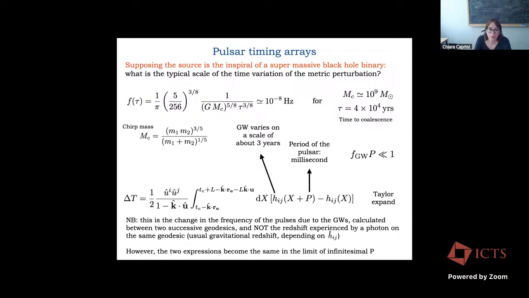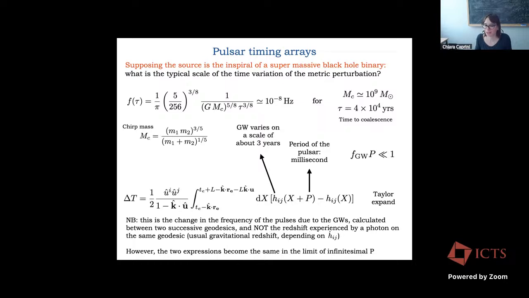So the point is that these two expressions become the same in the limit of infinitesimal p, because we can do this Taylor expansion. So in the end you can interpret this as a gravitational redshift, which is what you often find written in the literature, but conceptually it is different.